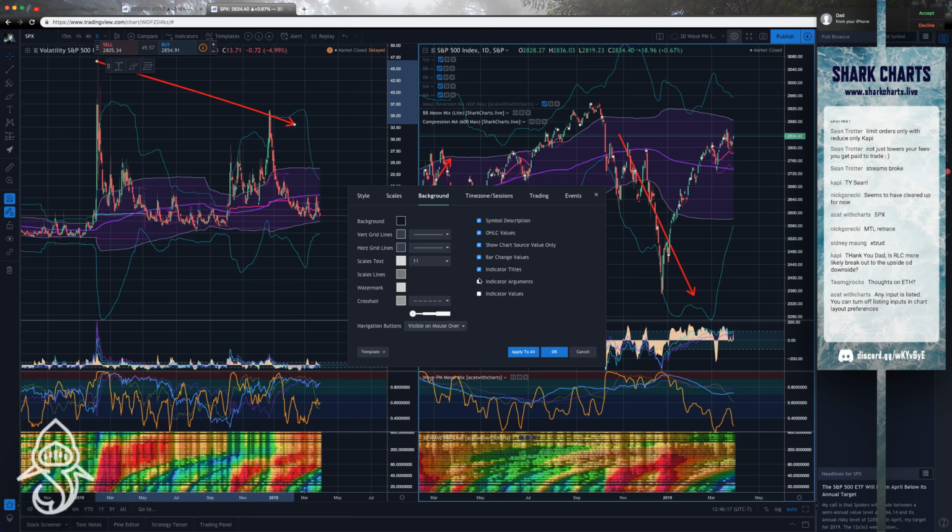Oh, cool. I'm gonna keep indicator. I'm gonna turn both those off, never mind. Wow, that's so nice. Opening high, low, close values. Wow, I'm gonna clean up my charts. Turn off symbol description as well. Apply to all. Nice.